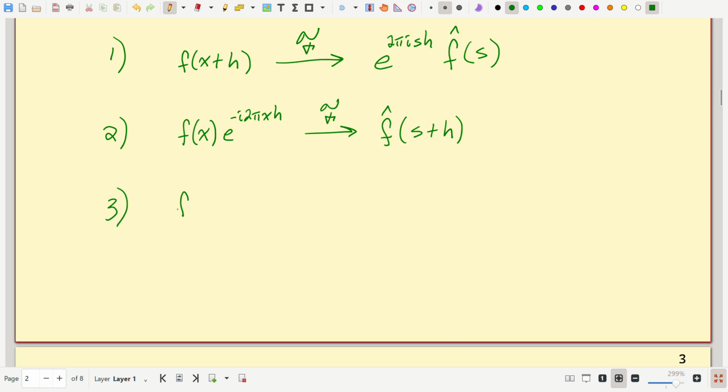Three, if I dilate a function, so say f of delta x, this should kind of feel like when I was messing around making good kernels, and it very much is related to that.